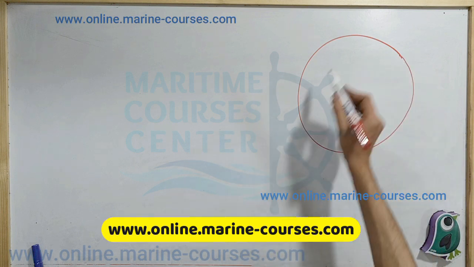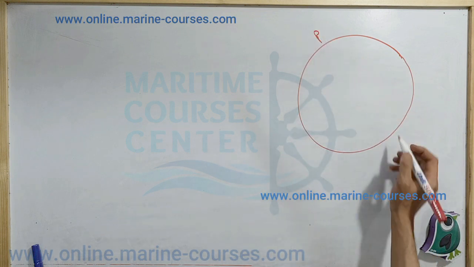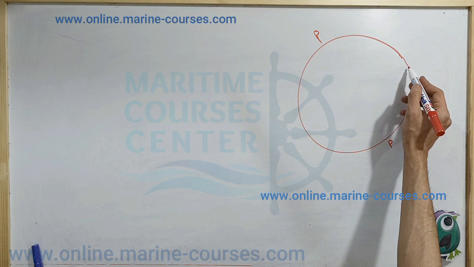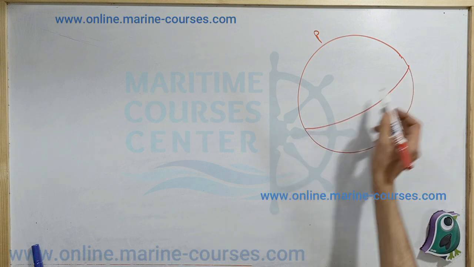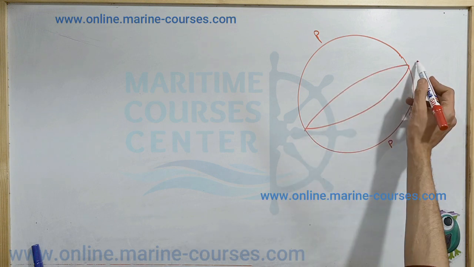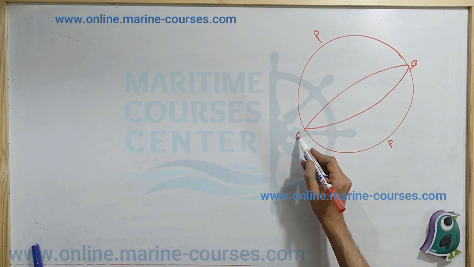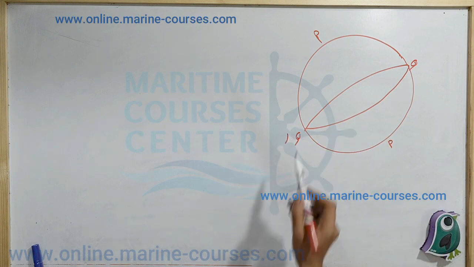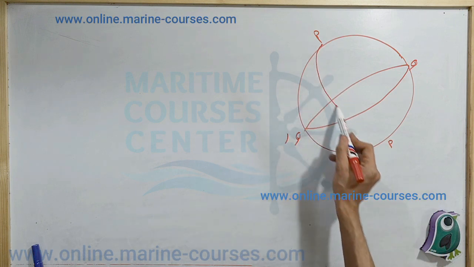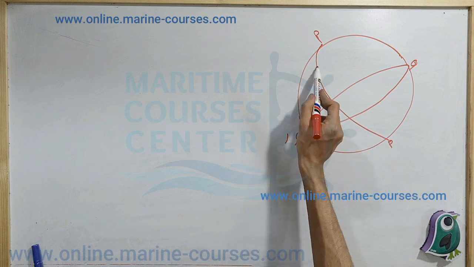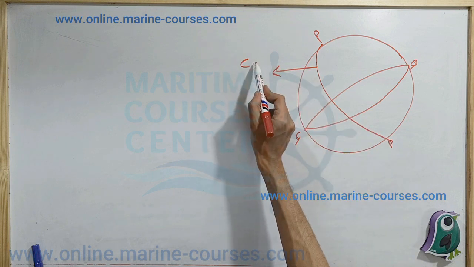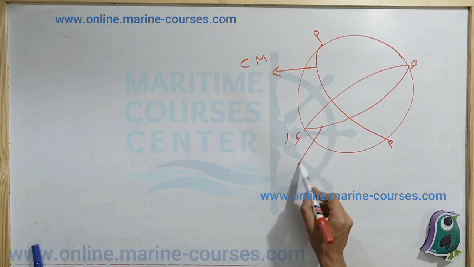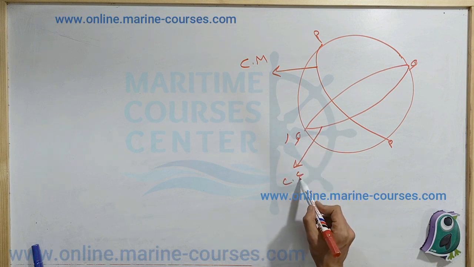As we have talked before, if we have this circle, and this is B and this is B dash, and we have this circle Q and Q dash, okay, and from here to here is something called the celestial meridian, fine, and this is the celestial equator.